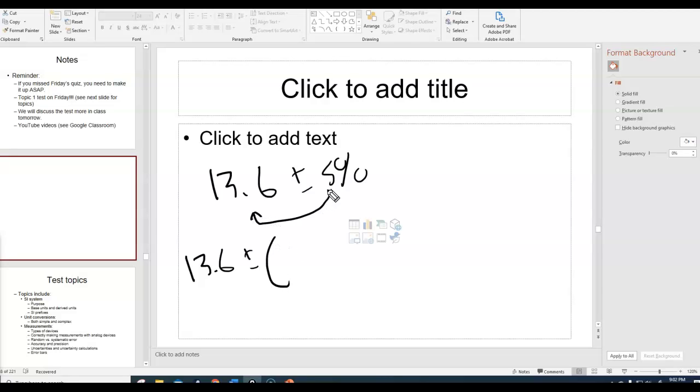So first, you need to convert that percent back to a decimal. So you would do 5 divided by 100. Okay, that turns 5% back to decimal, and then you would multiply by the measured value. So in my calculator, I'm going to type in 5 divided by 100 multiplied by 13.6.